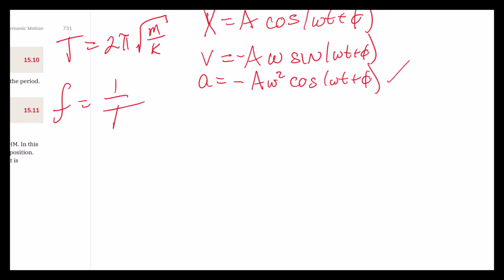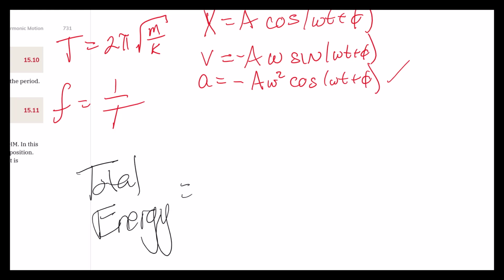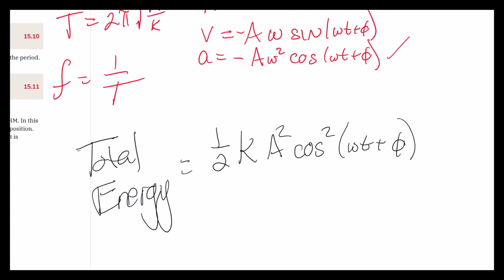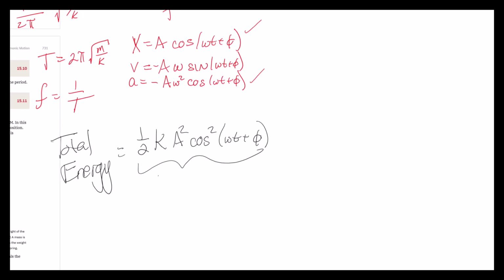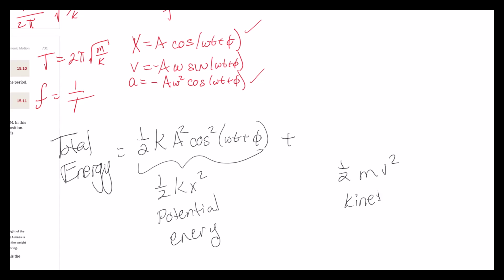Okay, so let's see, total energy. So we have 1/2 kx squared, and this is potential energy, and then we're going to have 1/2 mv squared, which is its kinetic energy.